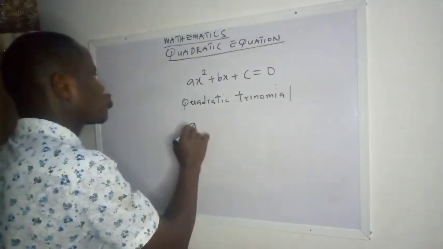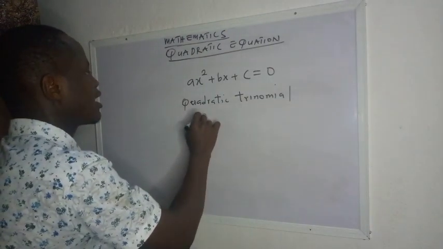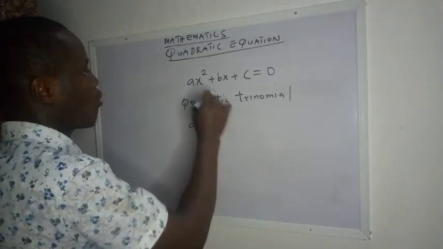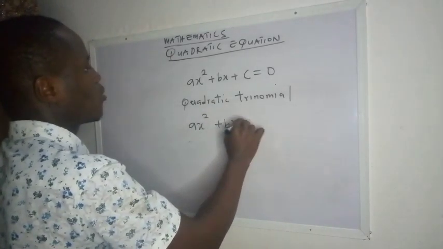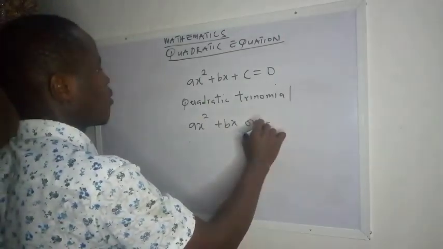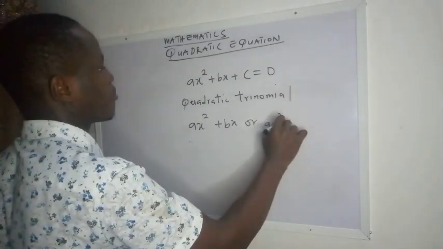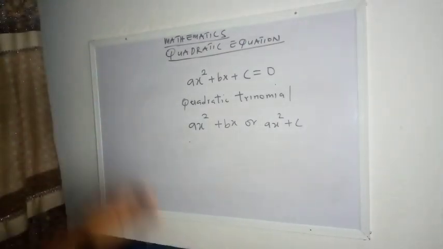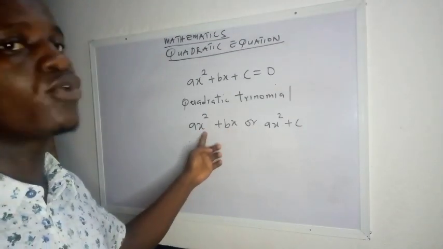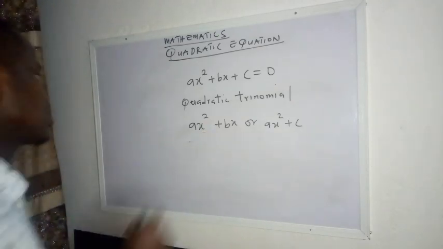Now, if it is of just 2 terms, let's say you have either ax squared plus bx, or ax squared plus c, both equal to 0, we'll call the equation a quadratic binomial.